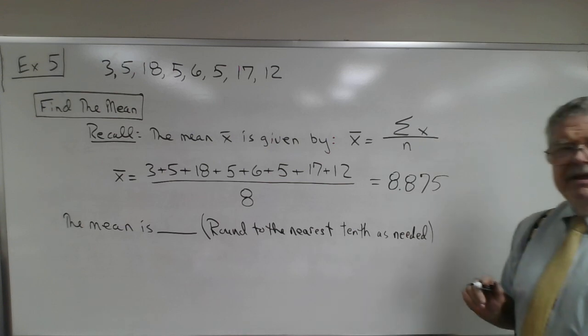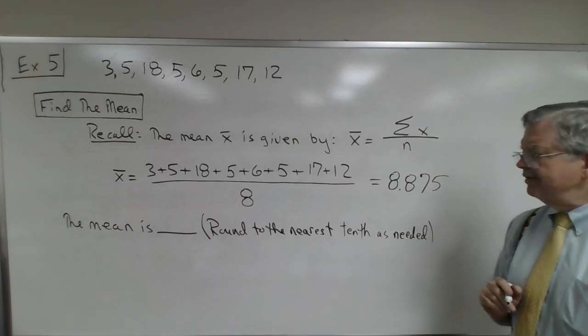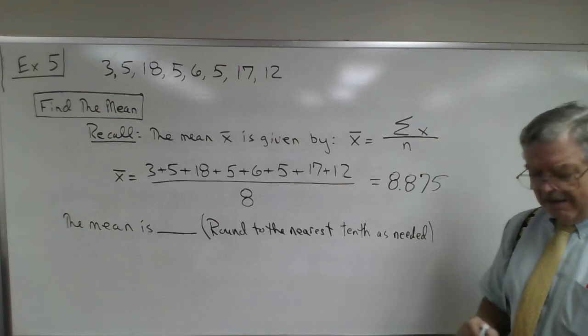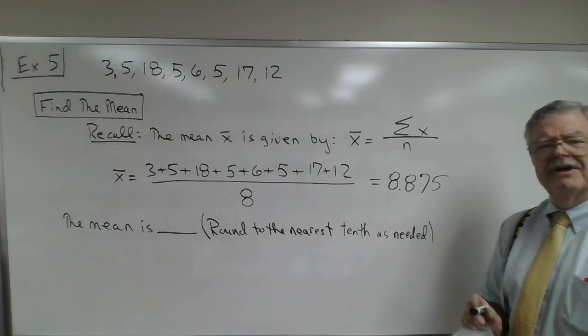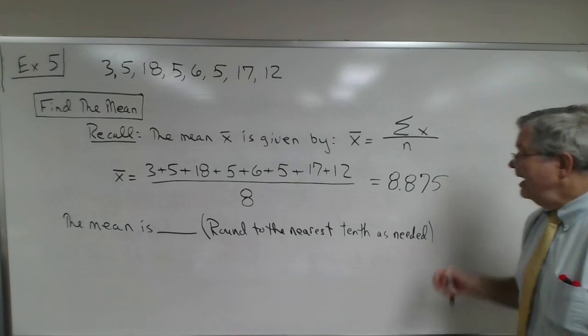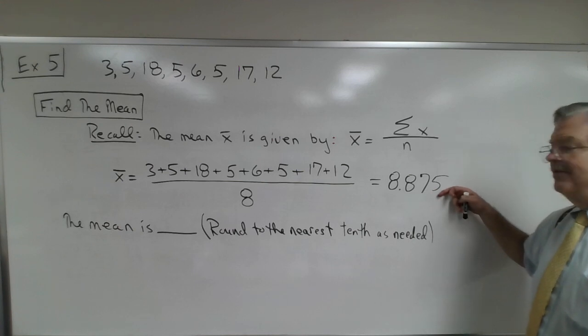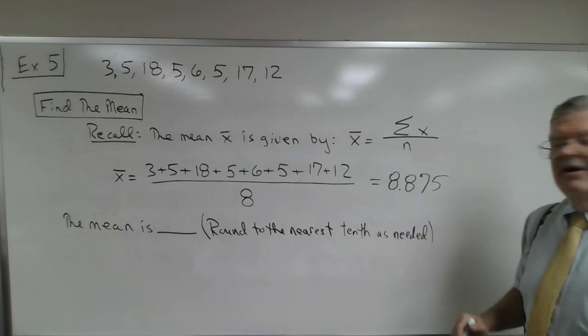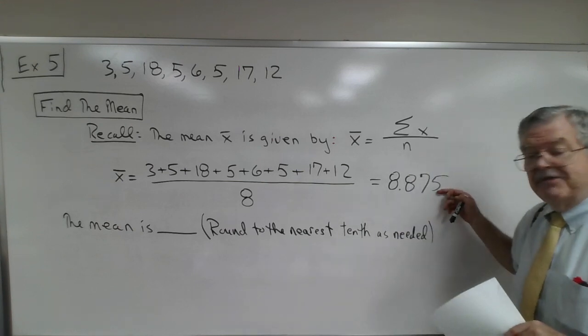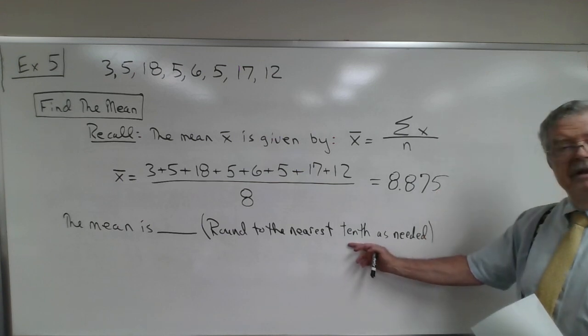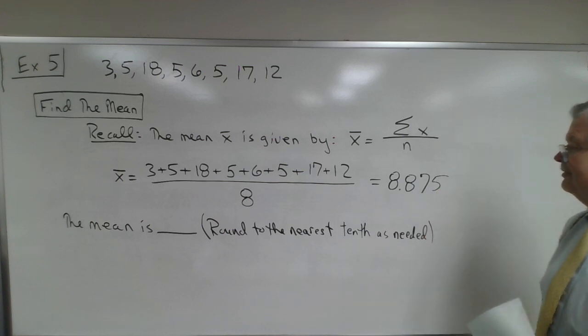We want to pay attention to how we do this, because there will probably be at least one exercise like this on the final. And we don't want to do all the work correctly up to this point and then get absolutely no credit for the exercise because we didn't know how to round to the nearest tenth.